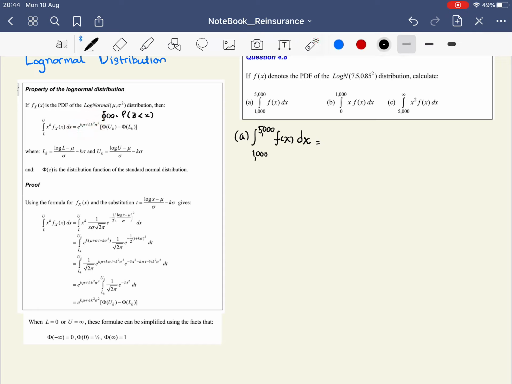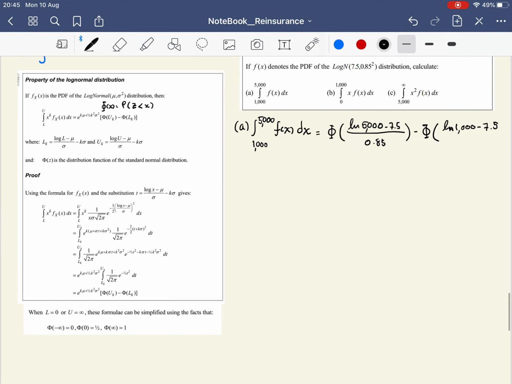So what we have here is just phi of (log 5000, take away mu) divided by sigma, and then take away capital phi of (log 1000, take away 7.5), and then divided by 0.85, the sigma.